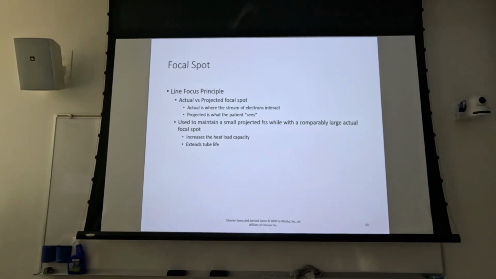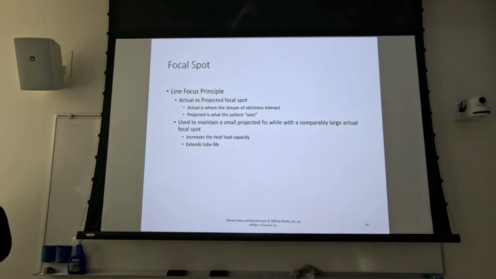And that's what they tell us anyway. You know, realistically, we're not shining a light bulb, right? So we can't really stream electrons, hit the anode, and then go through the anode and project an X-ray field, right? Makes sense? So essentially what we have to do, regardless, is have some sort of angulation on the anode.